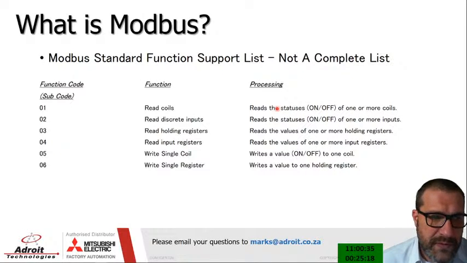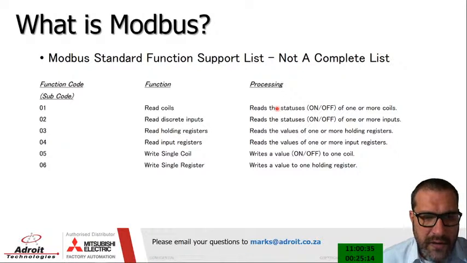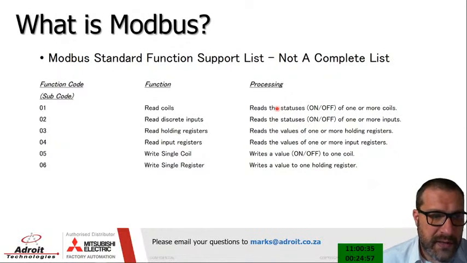Function code 04 is read input registers. Your input registers normally start with 3, so you'll have 3001, 3002, and so forth. By the way, subcode 01 for read coils is only read coils, not write coils. Subcode 05 is where you write to a single coil, so that will be 5 zeros and a 1, and so forth.